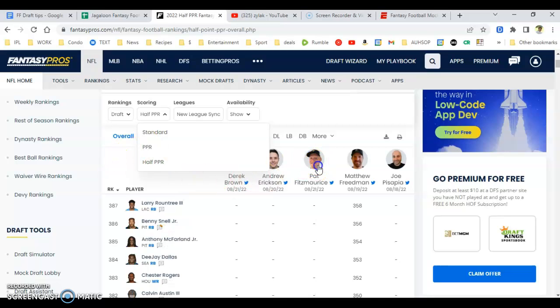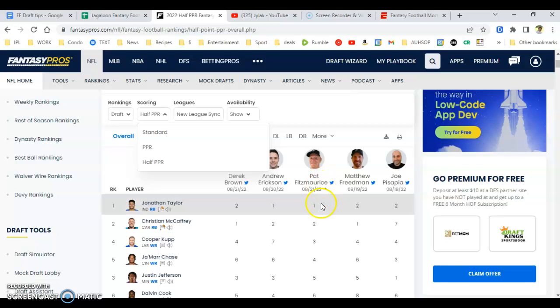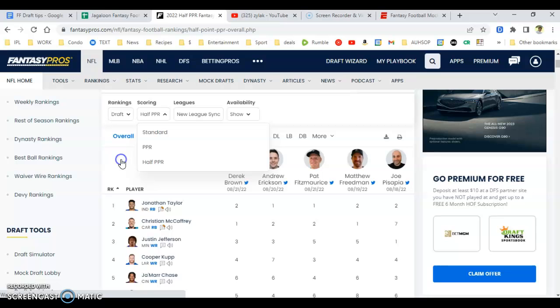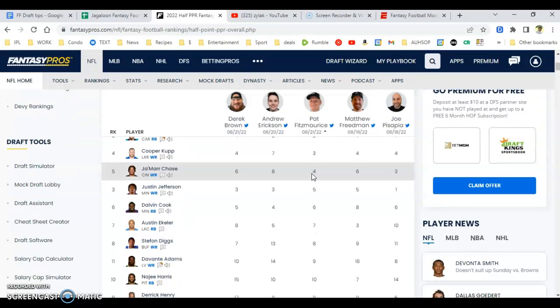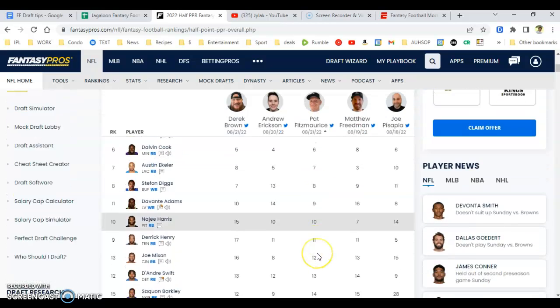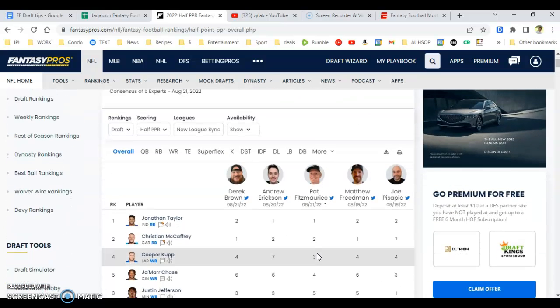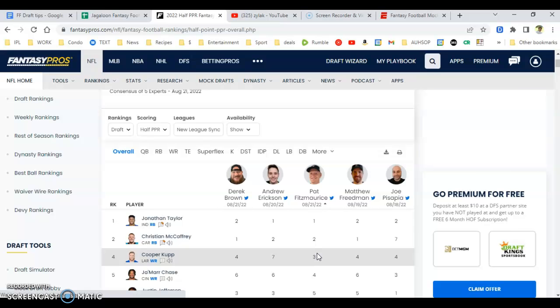So anyway, I particularly like this guy, Pat Fitzmaurice. He's one of the best drafters or fantasy football players. So you can click on him and see how he ranks these players, which is going to be more accurate than what you're going to get on ESPN, because ESPN is just a composite of what people who are drafting are picking.